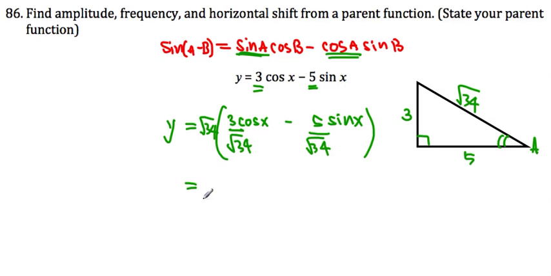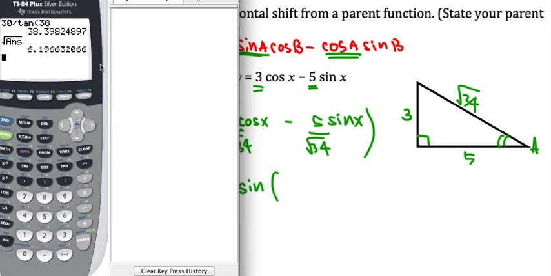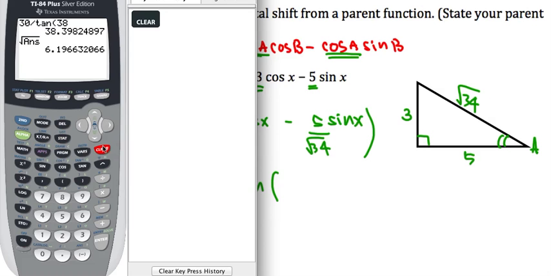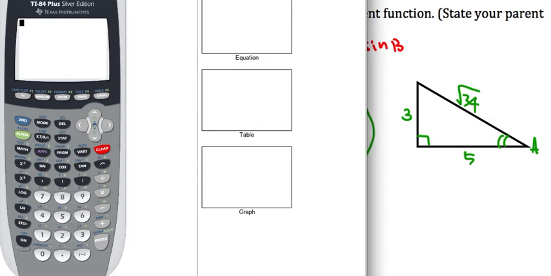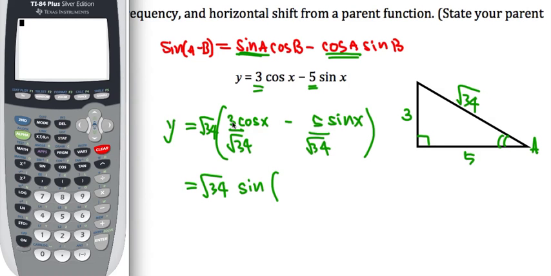Then if I rewrite this with the square root of 34, this becomes the difference of the angles for the sine function. So sine of, now what's the angle A? Let's use the calculator to calculate that for now. Of course, I could write it as arc sine of 3 over the square root of 34, which is the exact value, but I can just use the degree measure or radian measure, it doesn't really matter.